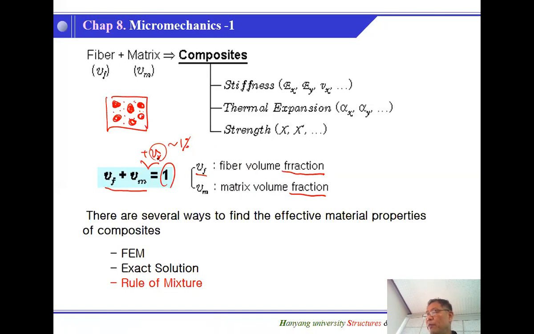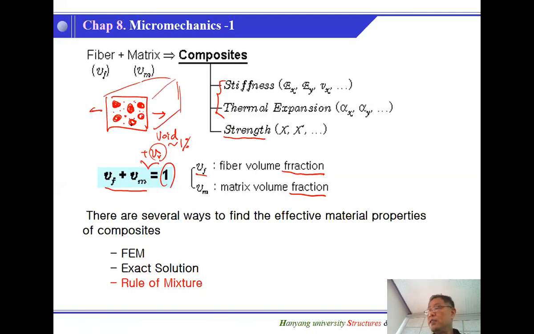Actually, this void content does not quite directly affect the composite stiffness and CTE, but it could affect the strength, because under transverse load, for example, cracks can initiate at the void.